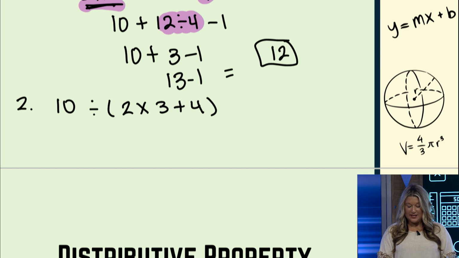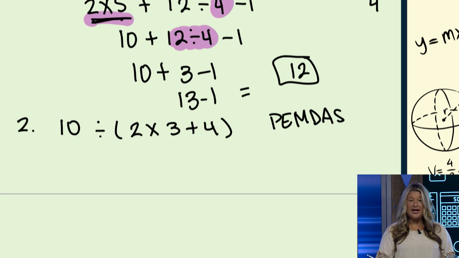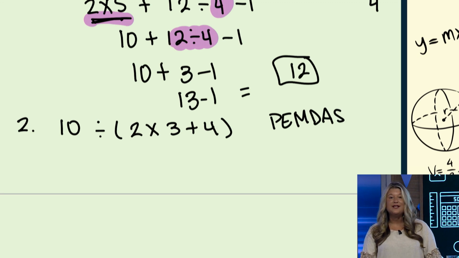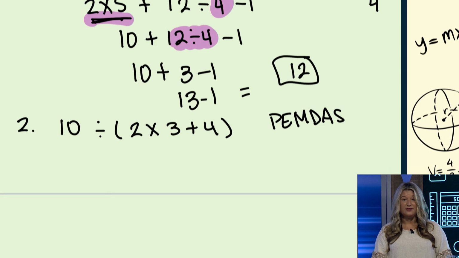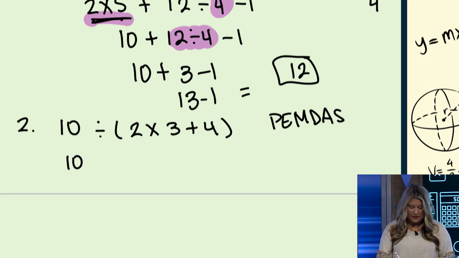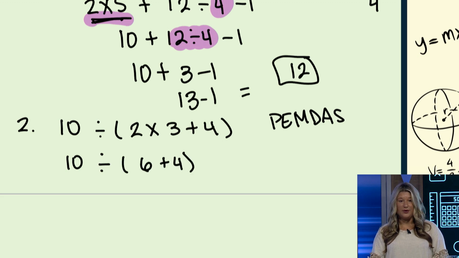Okay. So I assume that you tried it. Make sure you write down your PEMDAS. In this case, we don't have any exponents to deal with, but we do have parentheses. So first, parentheses, we're going to go in order of operations inside the parentheses. We have multiplication. So 2 times 3, we're going to deal with that first. So 10 divided by 2 times 3, which is 6, plus 4, in our parentheses.